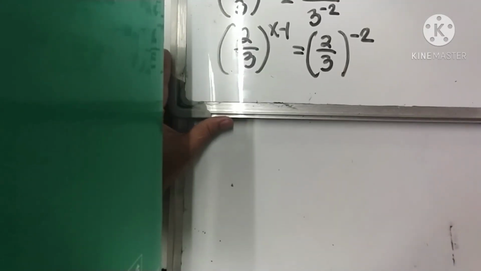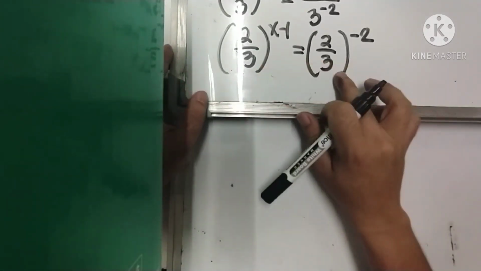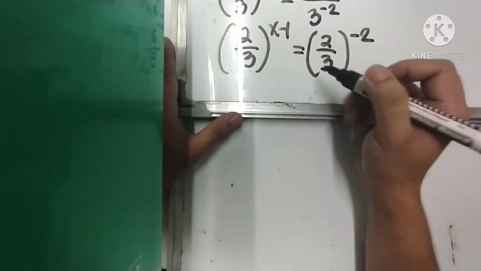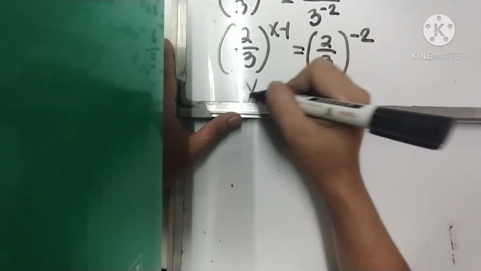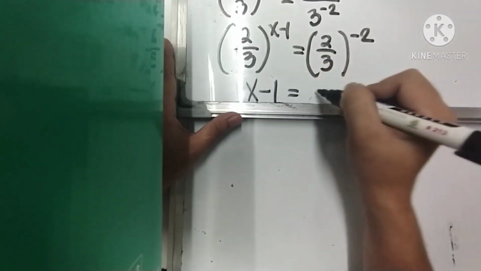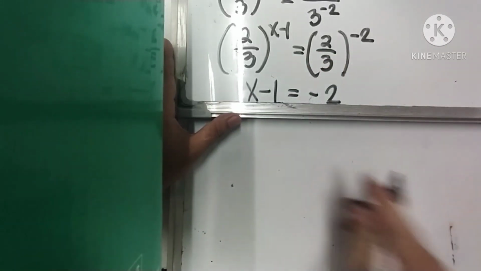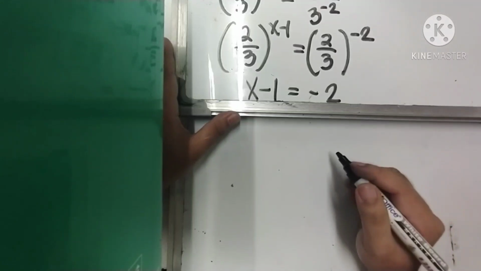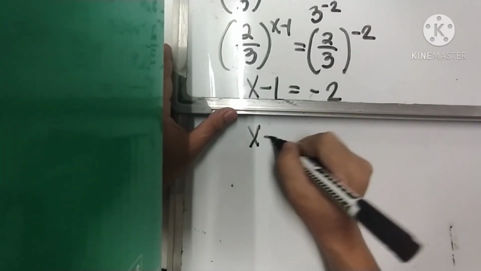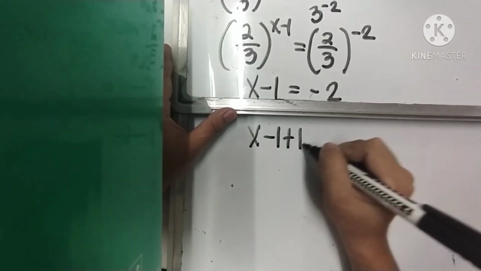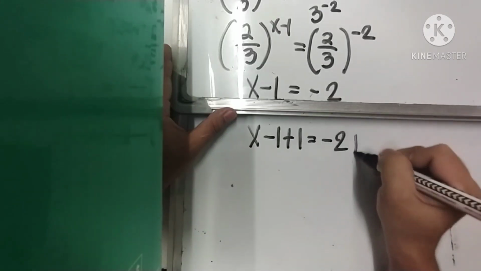Okay, so next to this one, they now have the same base. Bring down the resulting equation. So this will become x minus 1 is equal to negative 2. Apply the addition property of equality. So we have x minus 1 plus 1 is equal to negative 2 plus 1.